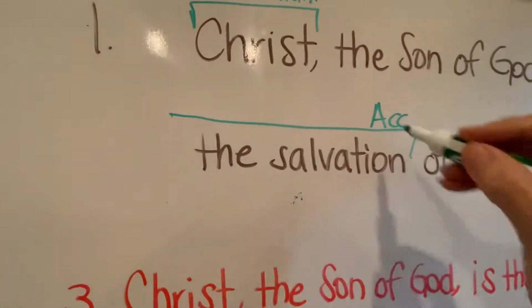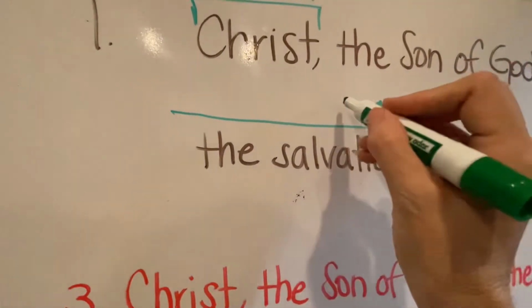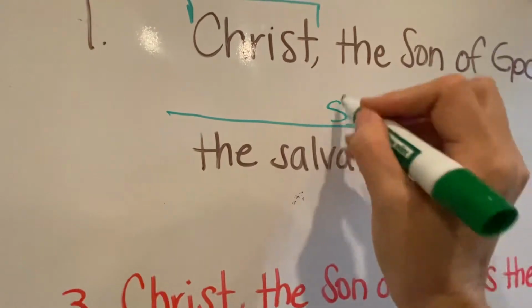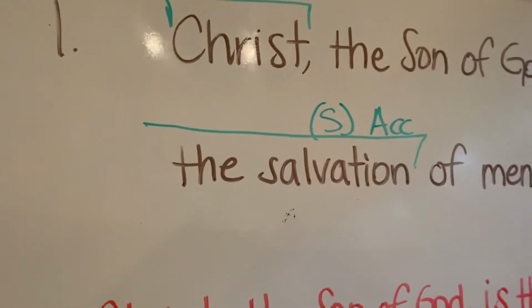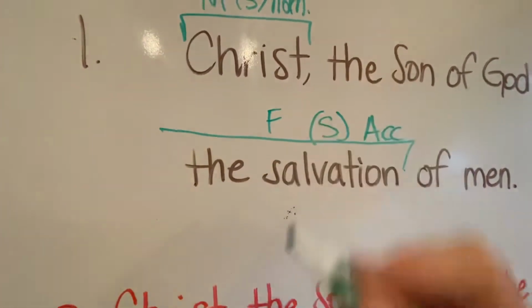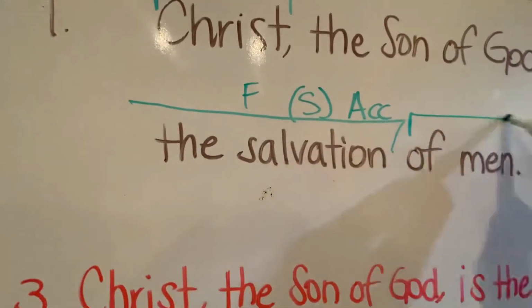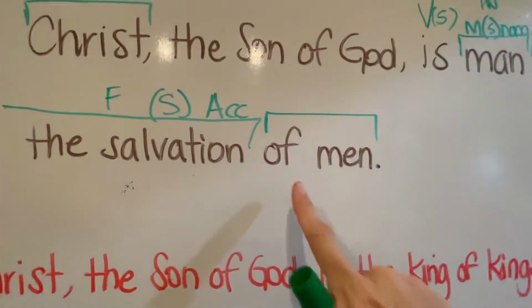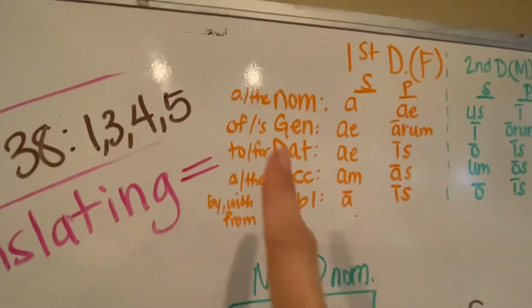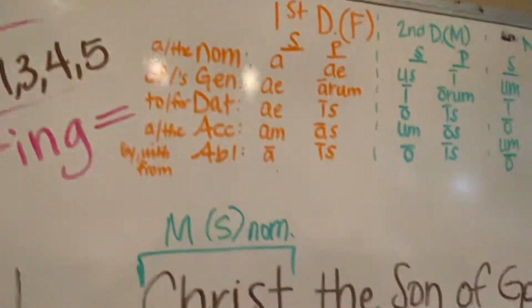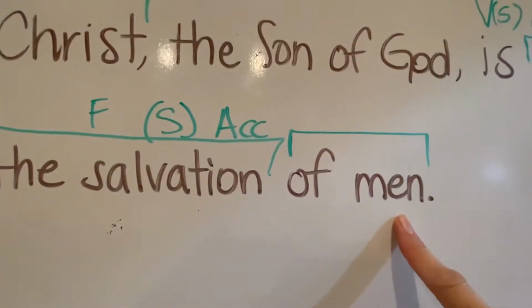Okay, and then we will also finish as to this is singular. And the gender is salus, salutis. It is feminine. And then we have of men, which we can tell by of. Okay, don't forget that we have our articles. Of goes with a genitive. Okay, and men is homo, hominis.